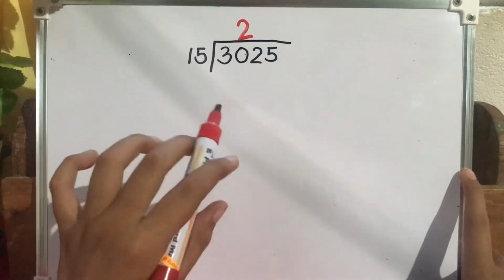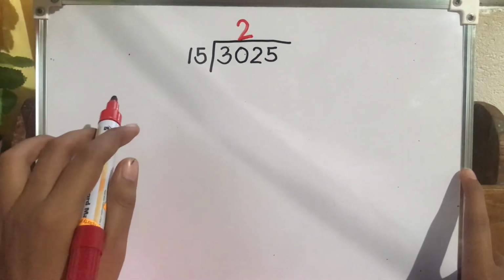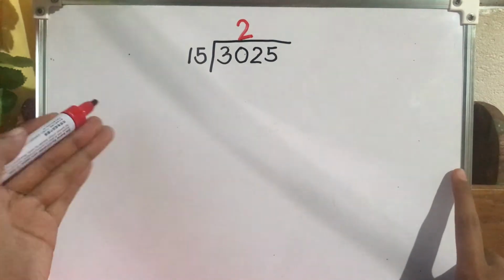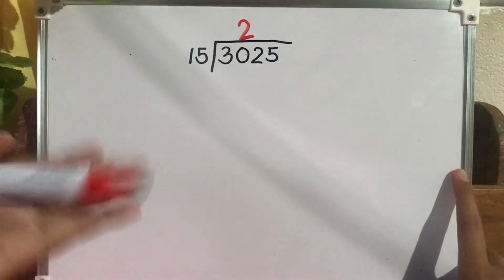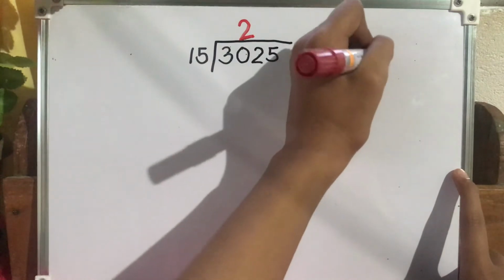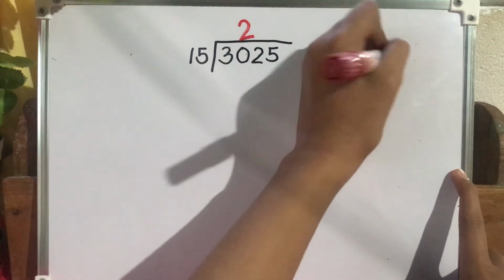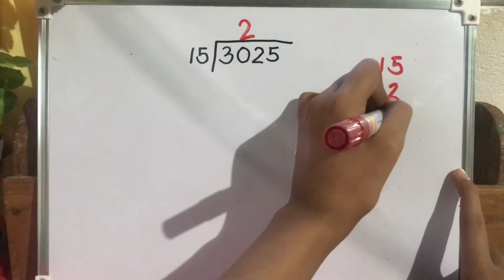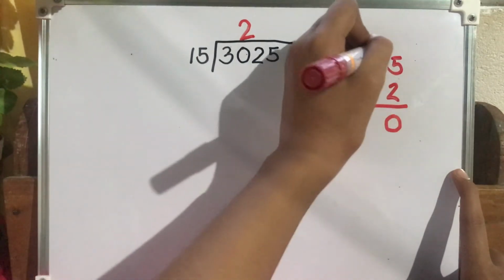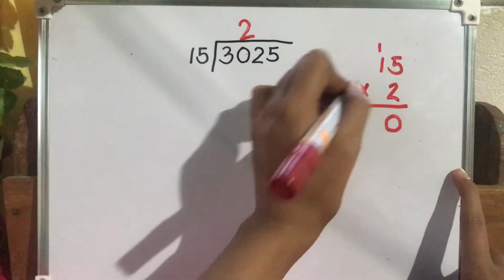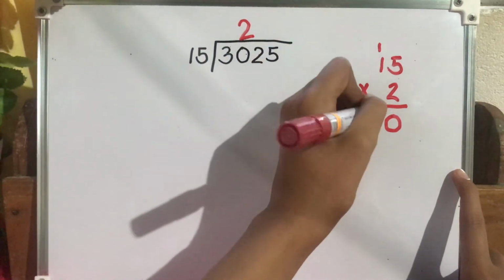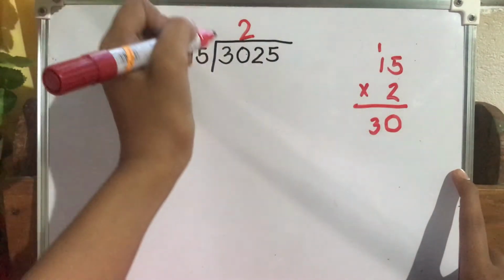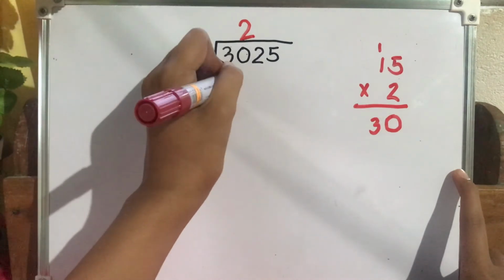And then 2 times 15 equals, now if you make the lines, it's easy to count, or you can multiply 15 times 2. So 5 times 2 equals 10, so that's 0, carry 1. 1 times 2 equals 2, plus 1 equals 3. So the answer is 30.